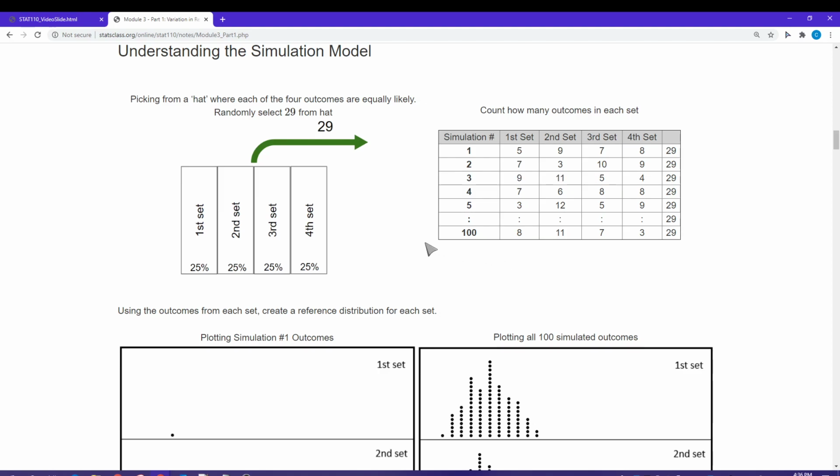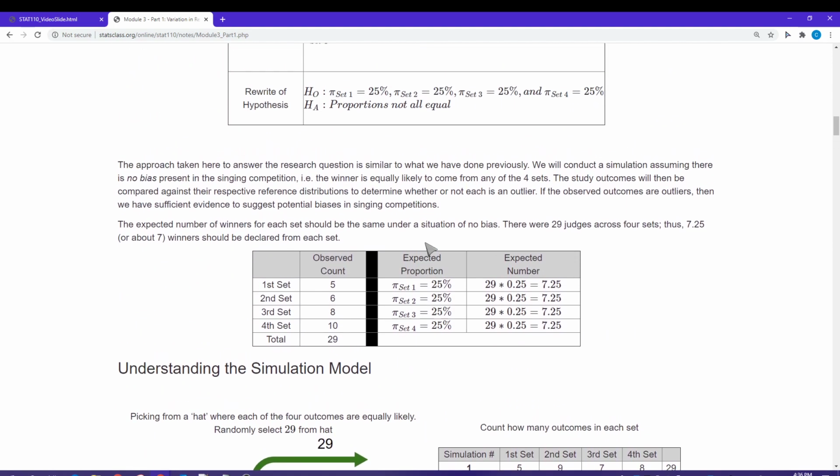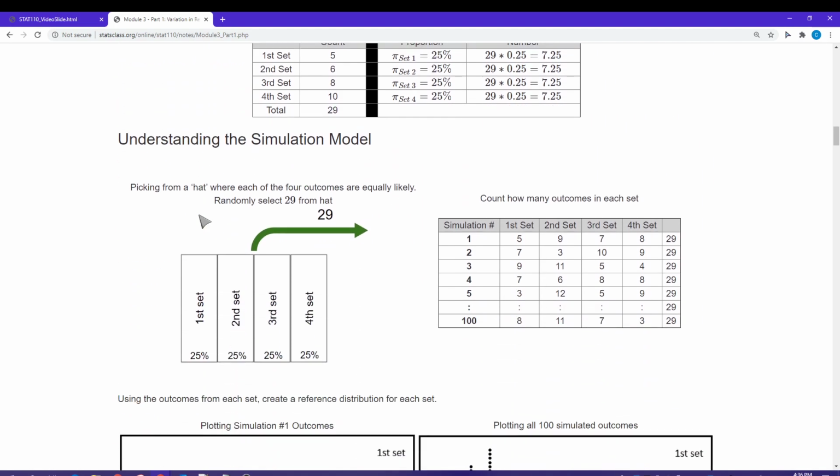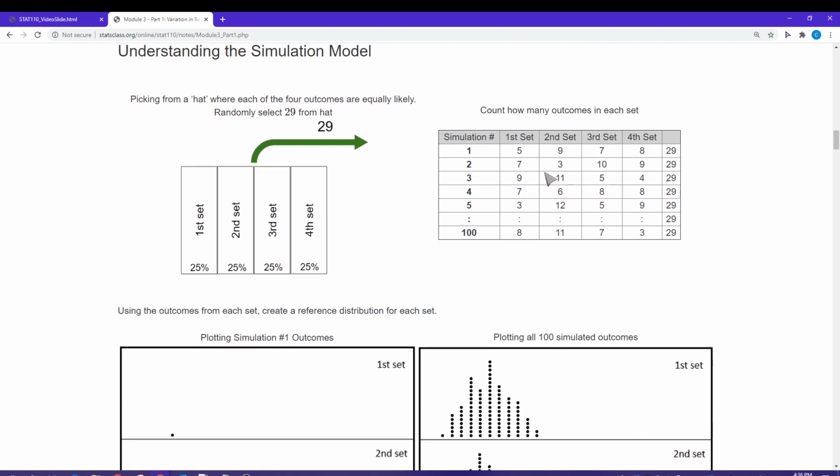Now what I'm going to end up doing here is wanting to compare my study outcomes, which again were 5, 6, 8, 10. So that's the breakdown of the observed data. 5, 6, 8, 10. Is that like these or not like these? So if the 5, 6, 8, 10 are similar to what I'm getting from my repeated sampling from this hat, then I'm going to end up saying there's no serial order bias.